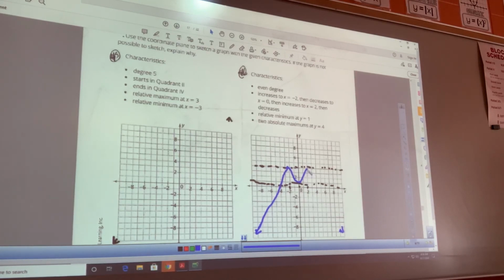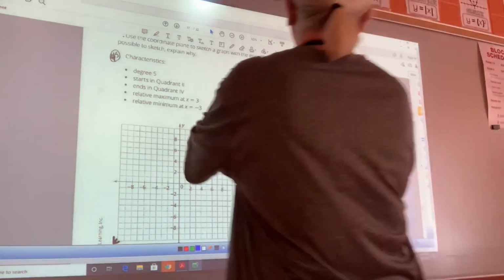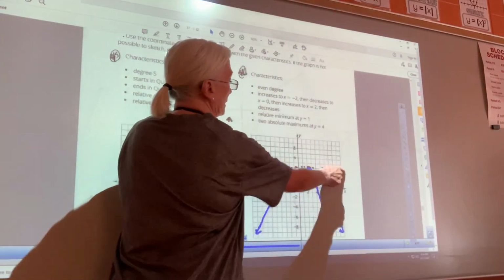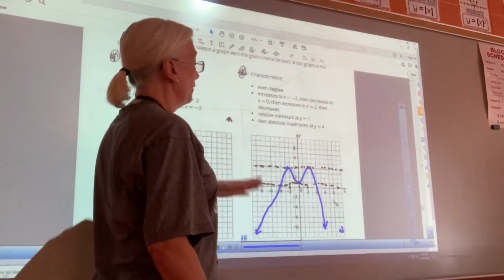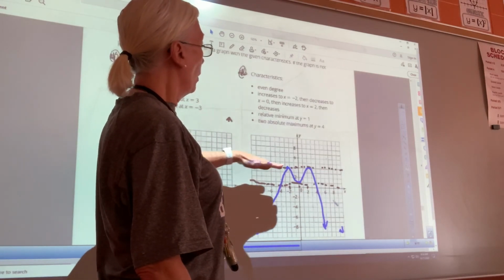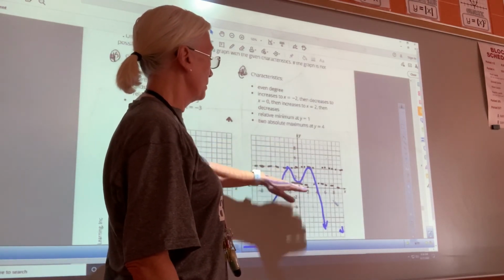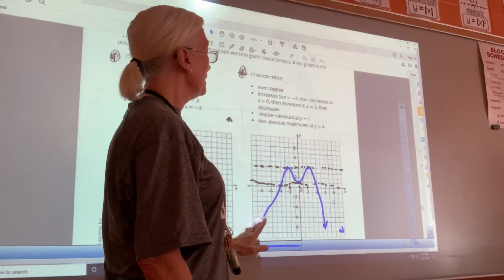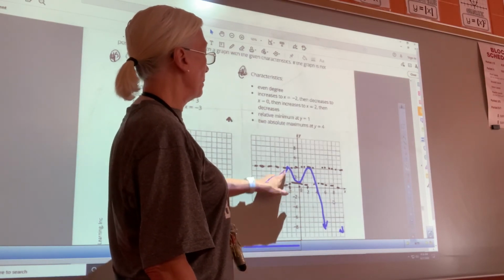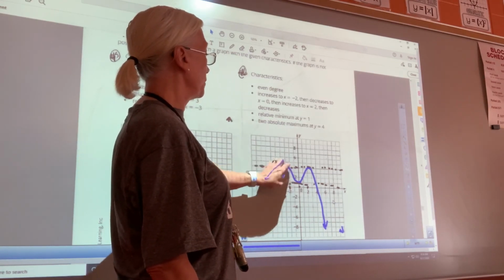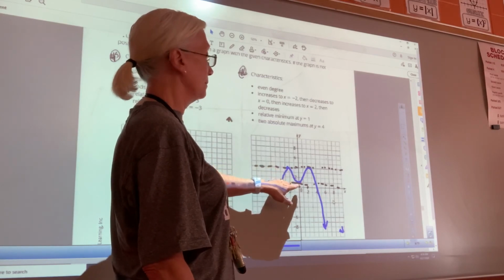And then it decreases. Yep, we can draw that. Don't be fooled by this right here. That's how I drew these dotted lines in, so that we could see where my max and my mins are. And then it's telling me where it's increasing. And remember, it starts to decrease wherever there is a turning point.